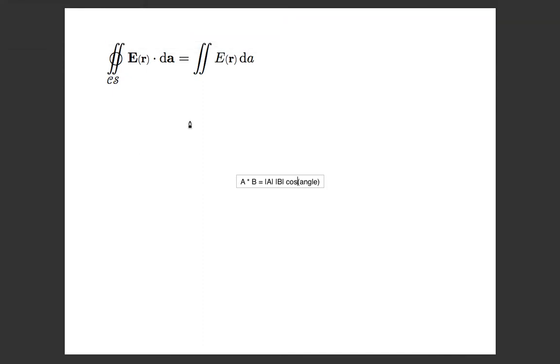What we need to do then is know the direction of E, but this is part of the goal. We want to take that dot product so we have E as a scalar. Then we need to be able to take E out of the integral, because if we don't know what E is, we can't integrate it.